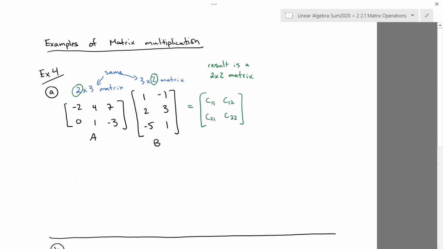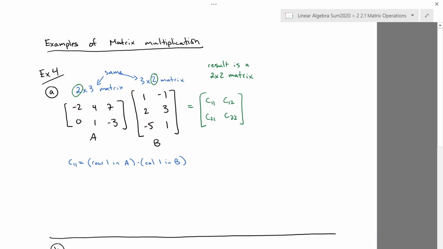The entry in the first row, first column, C11, is calculated by taking row 1 in A, dot product with column 1 in B. So this row with this column.